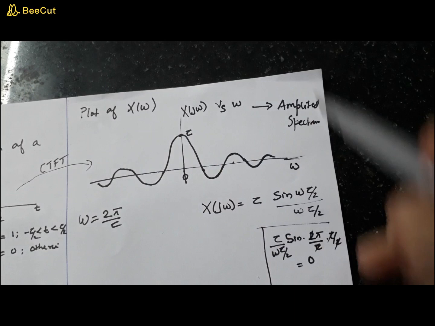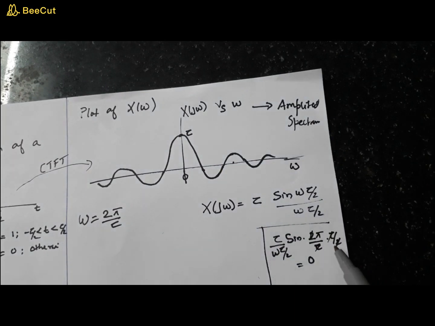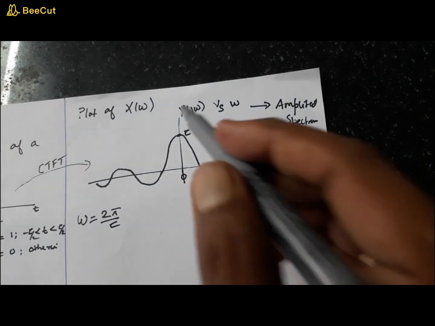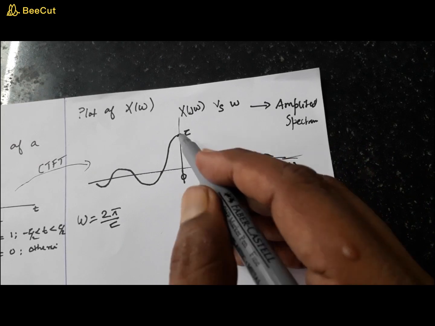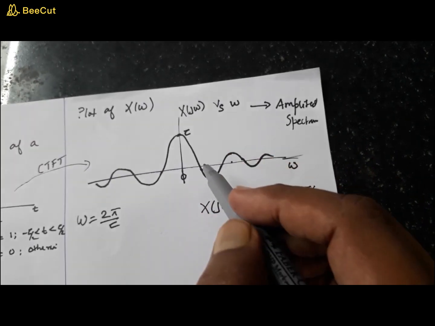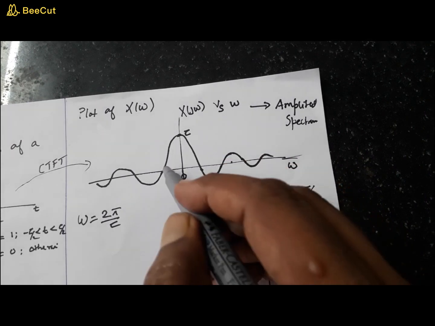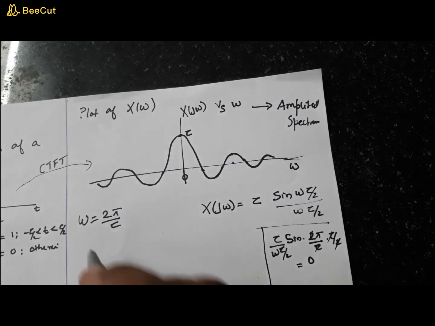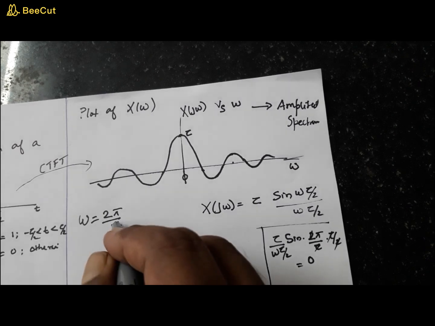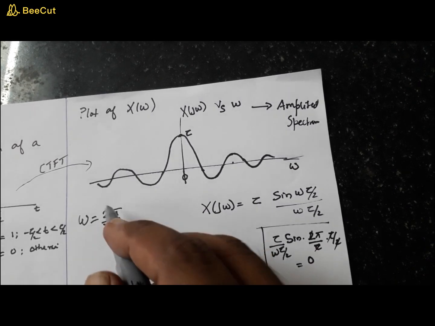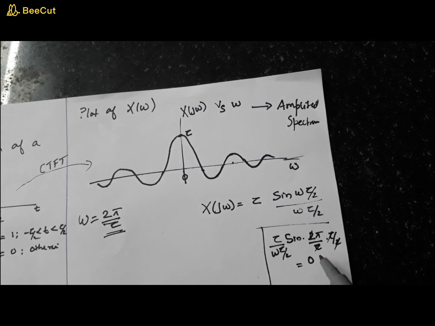This sinc function starts from its maximum at the origin, and then it decreases. It will find its first crossing point at this point and this point, and we have found that point to be 2 pi by tau. We call it this because at 2 pi by tau the sine becomes equal to 0.